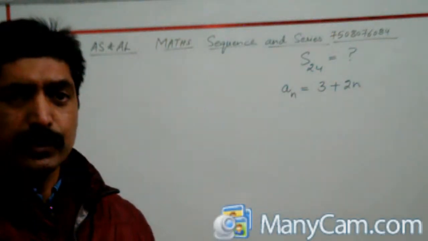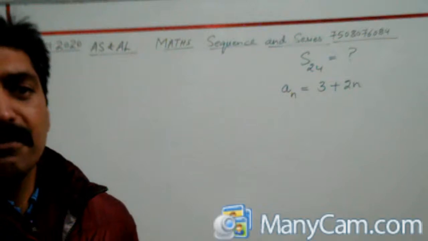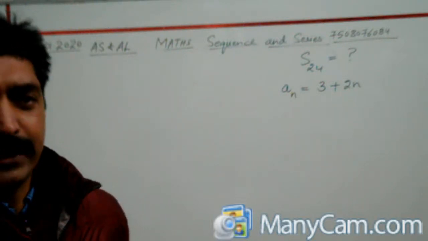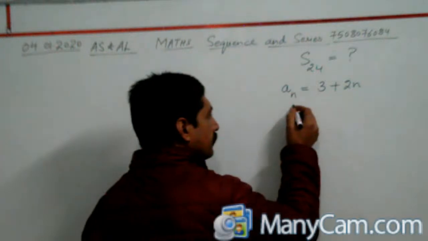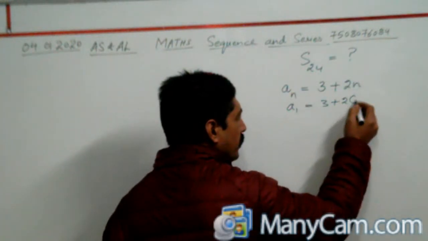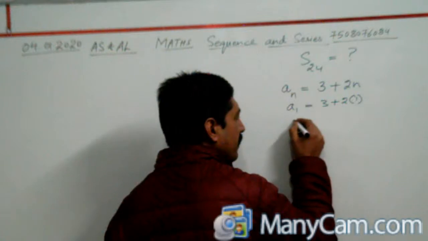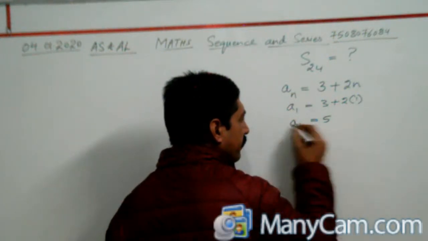What we will do is find this AP first by substituting the values of n. When we find a₁, we write 3 plus 2 into 1. So the first term a₁ is equal to 5.